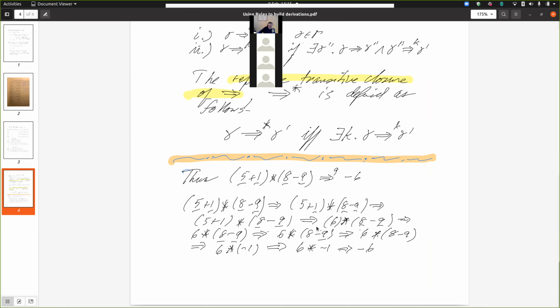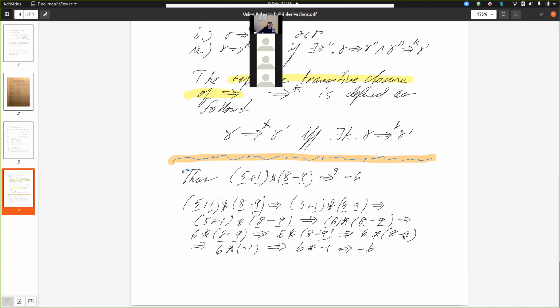So what did I do here? I got rid of not a numeral, but a plus sign. So at each step, you're either getting rid of numerals, or once enough numerals are gone, you can start getting rid of operators. And so now I have 6 times 8 minus 9, and I got rid of the parentheses around the 6. And then I turned the numeral 8 into an integer 8.